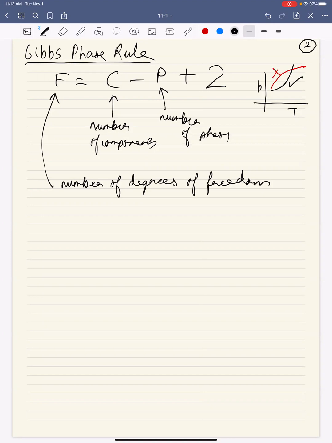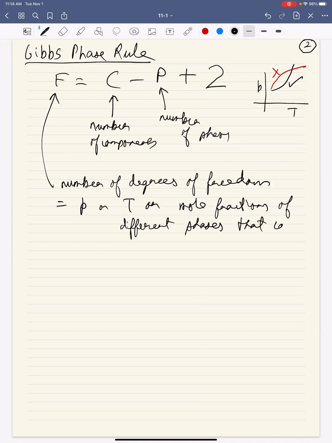So this is the number of degrees of freedom. What do I mean by that? This is equal to the pressure, temperature, or mole fractions of different phases that can be independently varied.